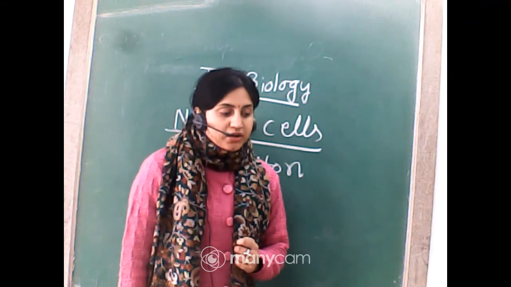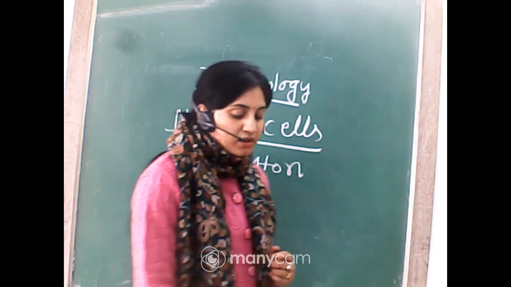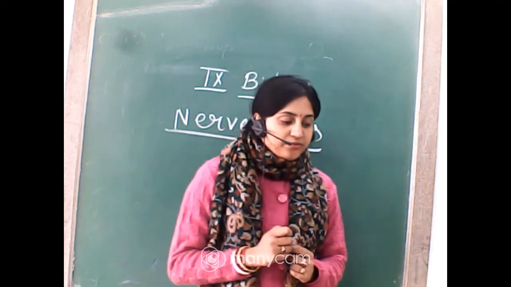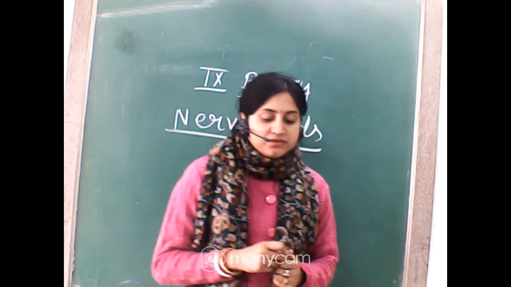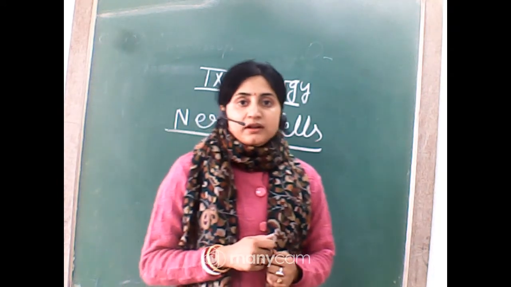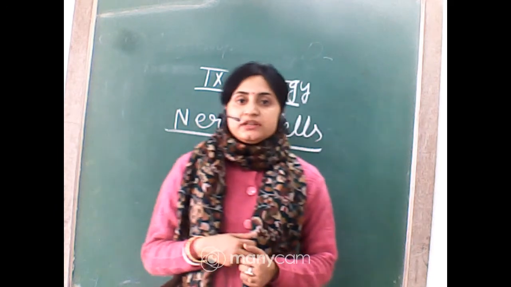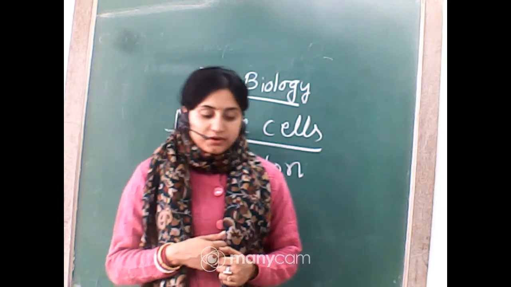Okay, so I repeat from the first point. Nerve cells, the first one: the cells of nervous tissue are called neurons.